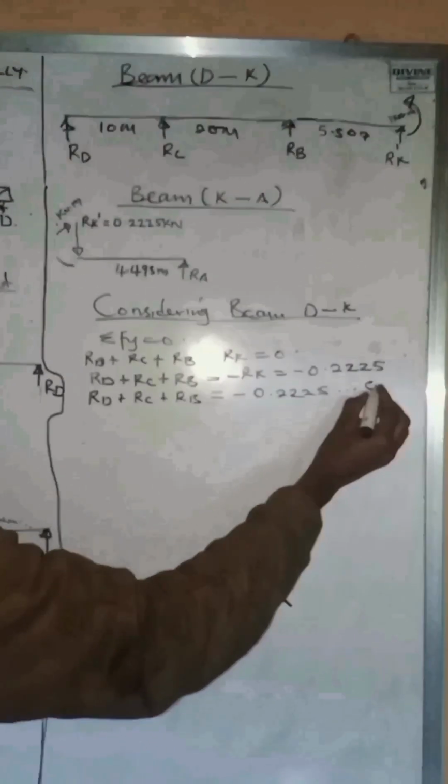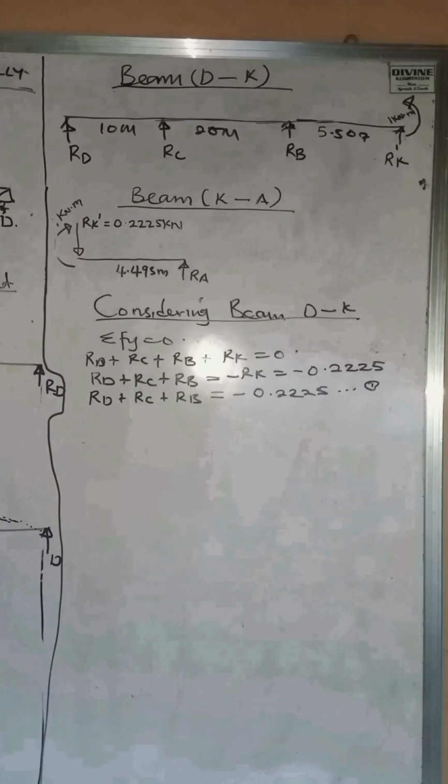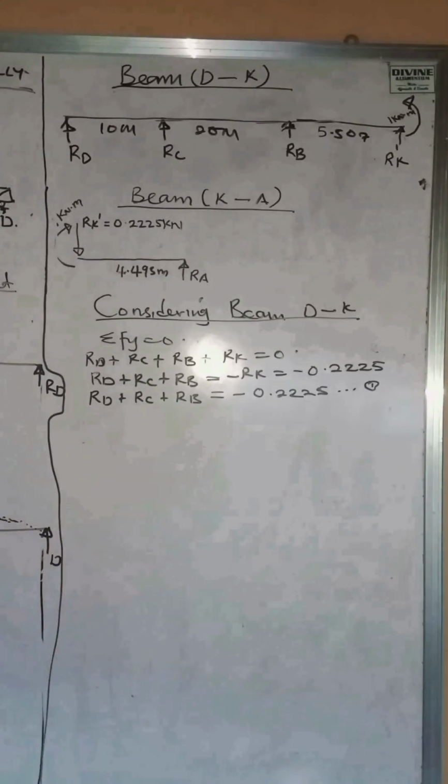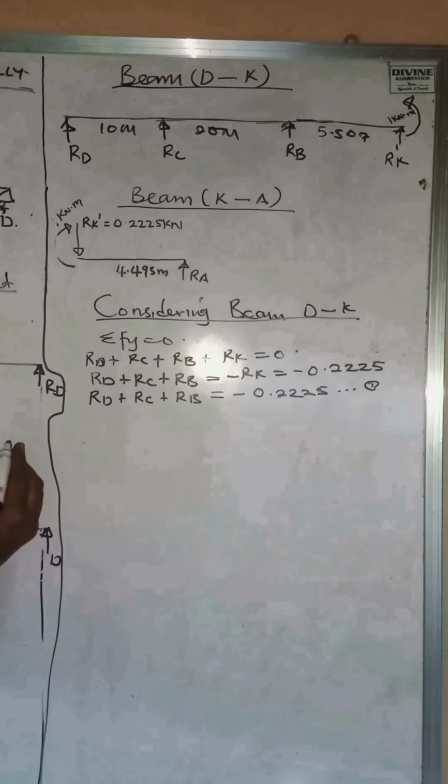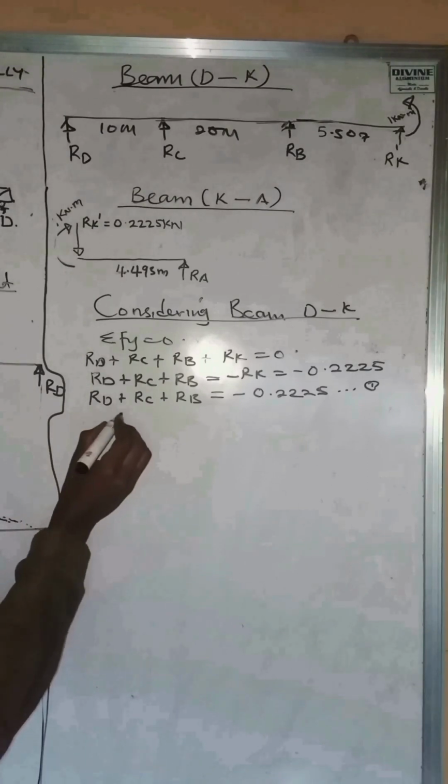Remember that arrow K prime from the previous drawing is equal to arrow K prime prime, which is what we have on the other side, D to K. We can call this equation 1.